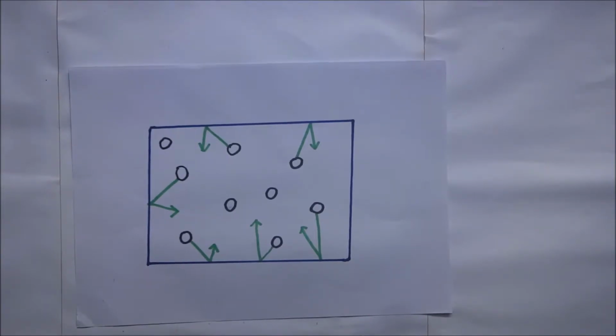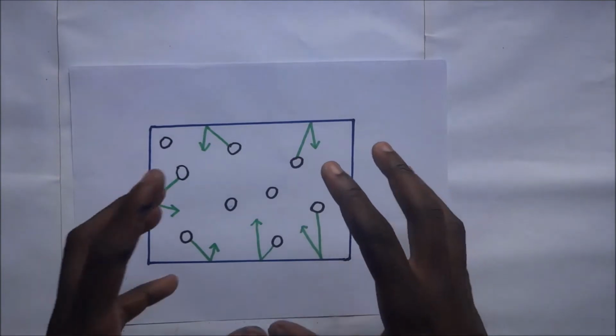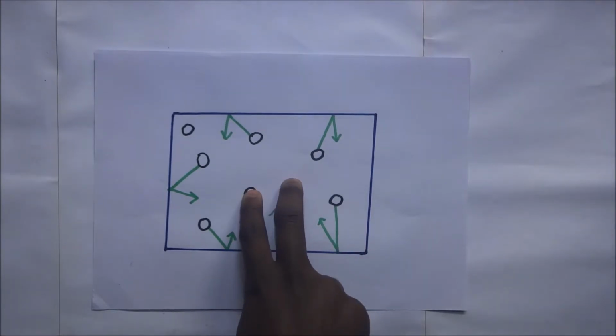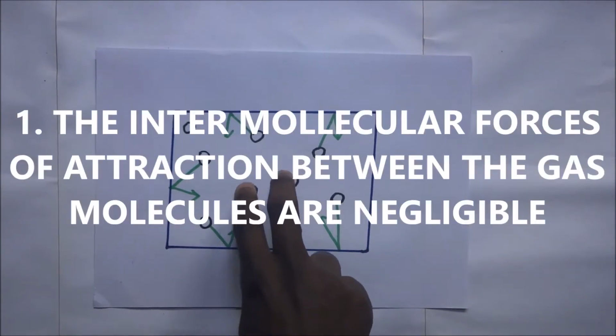But before we get into that, we need to know that when using the kinetic theory to derive the expression for the kinetic pressure, these are the assumptions that we shall be making. The first one is that the intermolecular forces of attraction between the molecules of the gas do not exist.